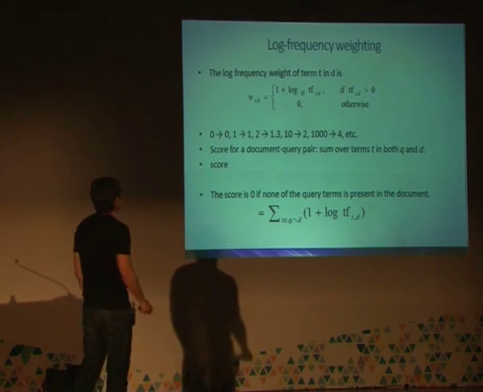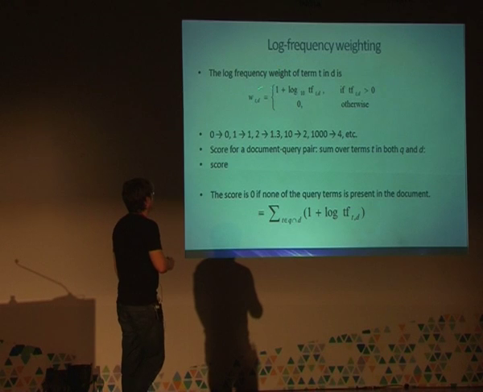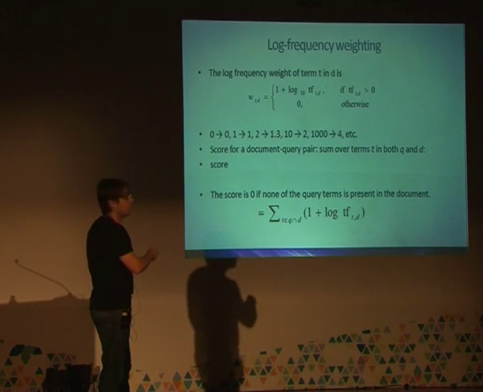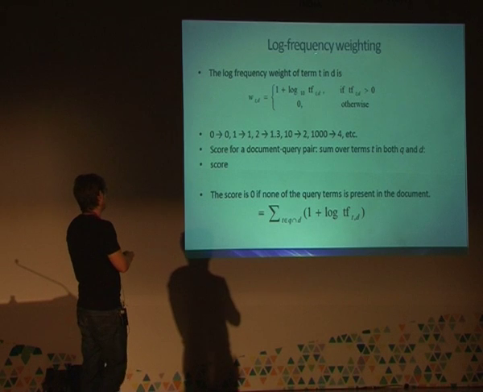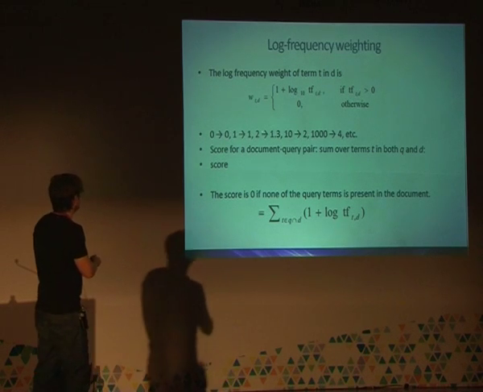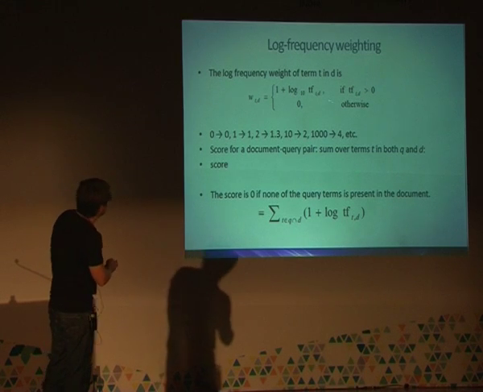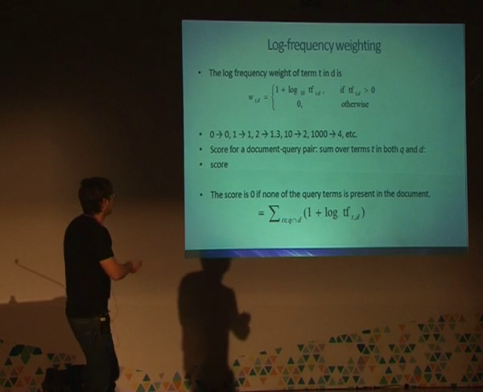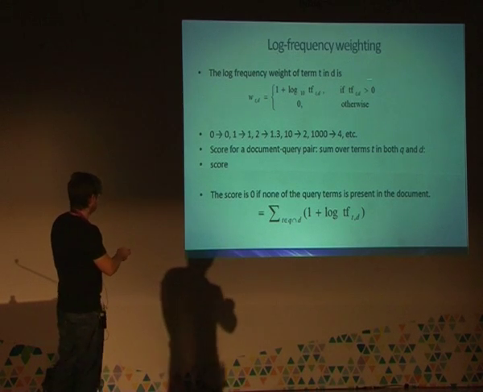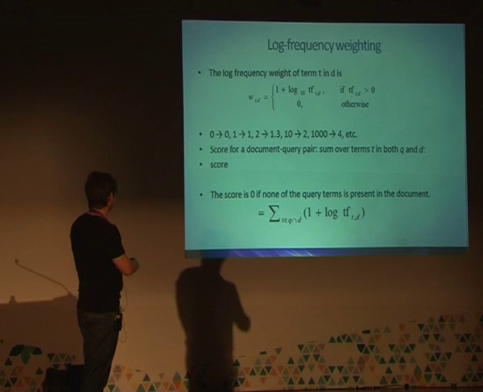So the score for this one word query is going to be the log of the number of times you see the term. If you see it 0 times, then you get a 0 score. If you see it once, then you get a 1 score. But if you see it 1,000 times, you get a 4 score. Okay? So this doesn't grow linearly; it kind of saturates on the right end.